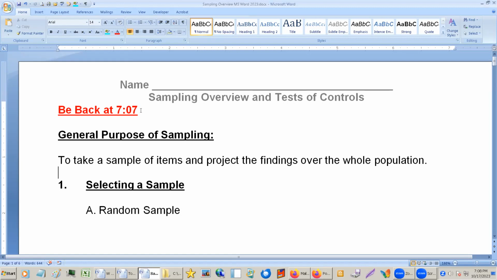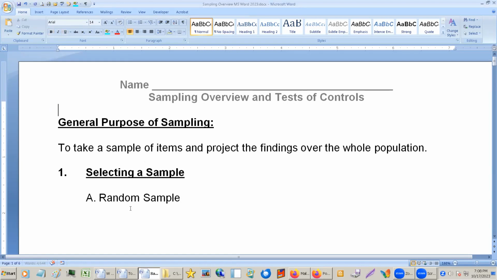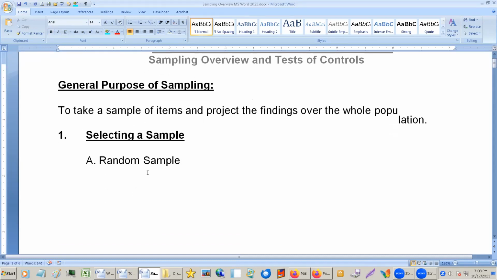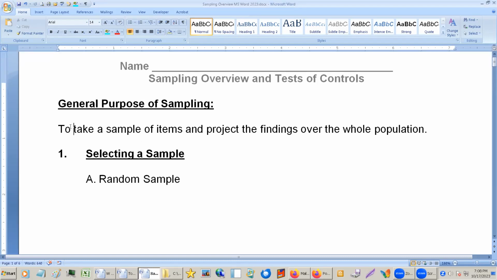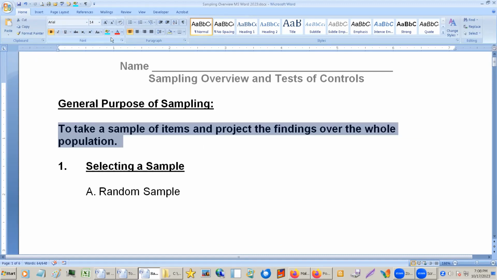The general purpose of sampling, and we talked about this before, is to take a sample of items and project it over the entire population.